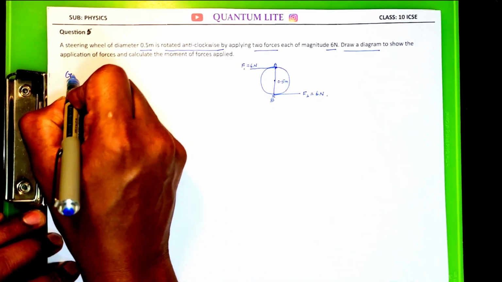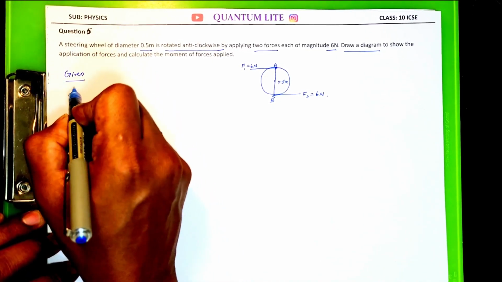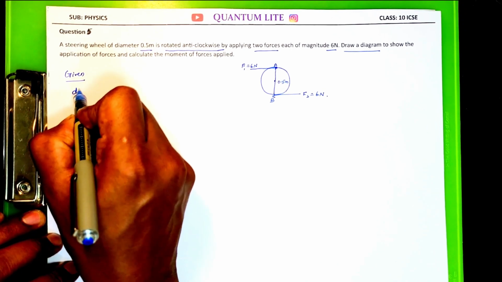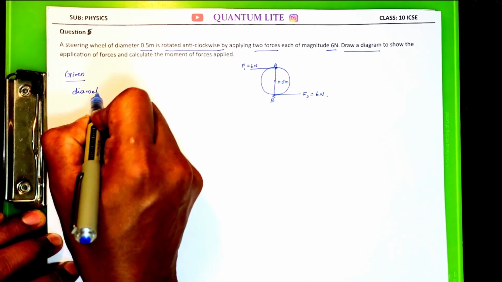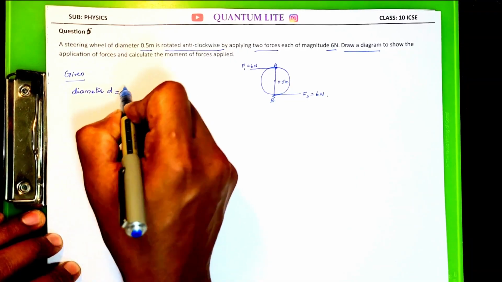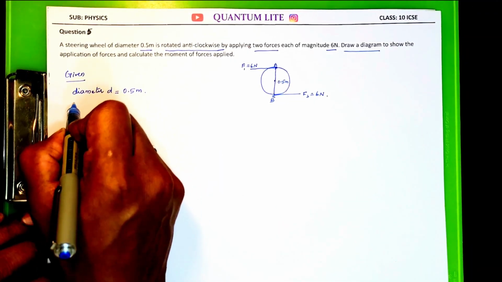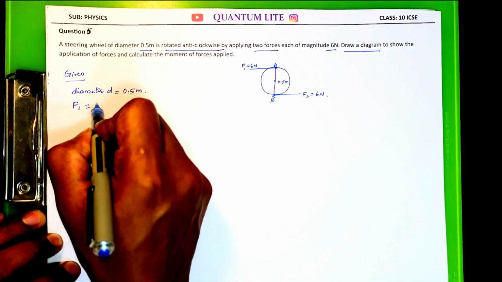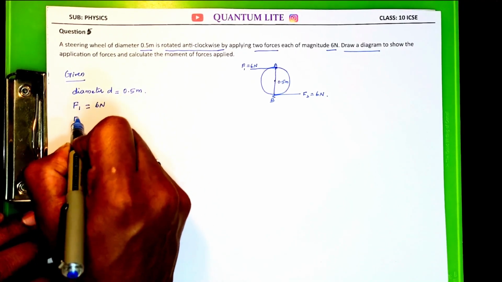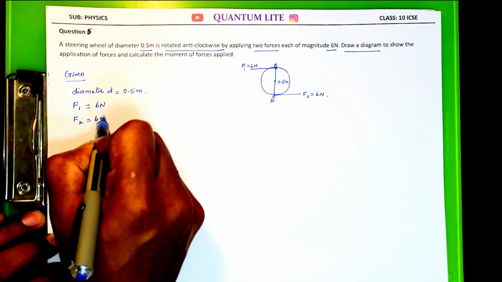So write the given data. Diameter D is equals to 0.5 meter. Force F1 is equals to 6 Newton. F2 is equals to 6 Newton.